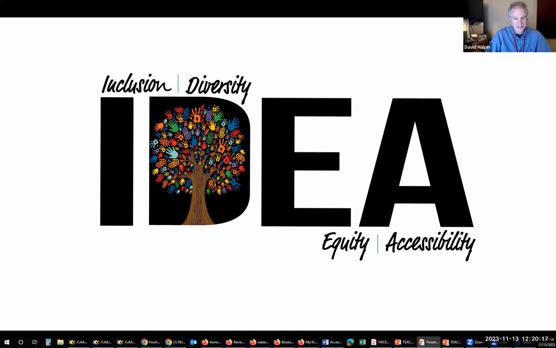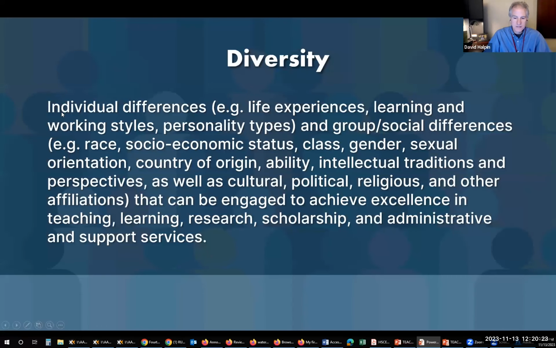They're all somewhat related, but I want to start off by talking about a couple definitions. So with diversity, that relates to individual differences that you see here and group social differences that can be engaged to achieve excellence in learning, research, scholarship, and administrative and support services for our learners.